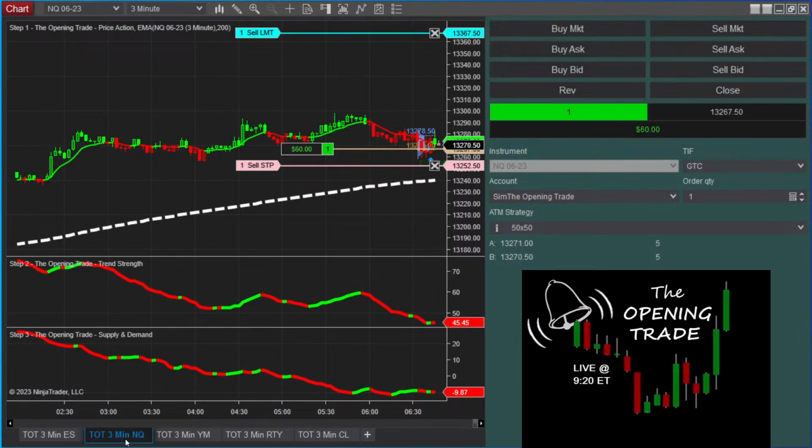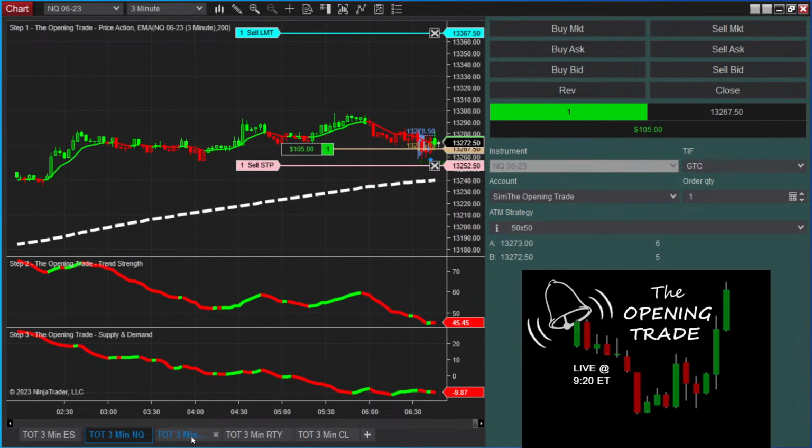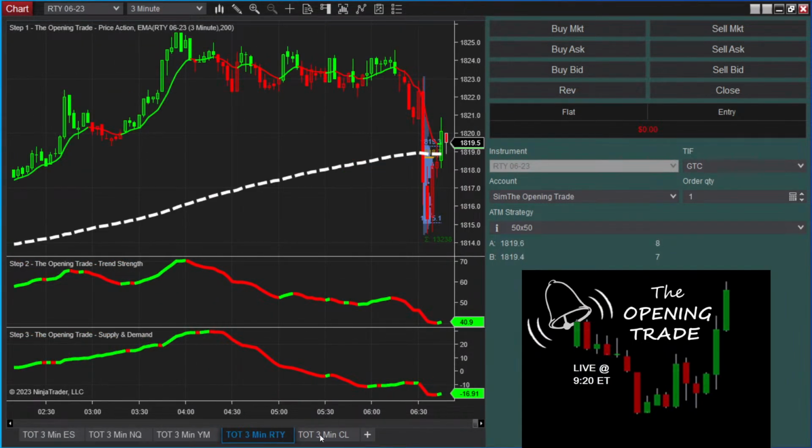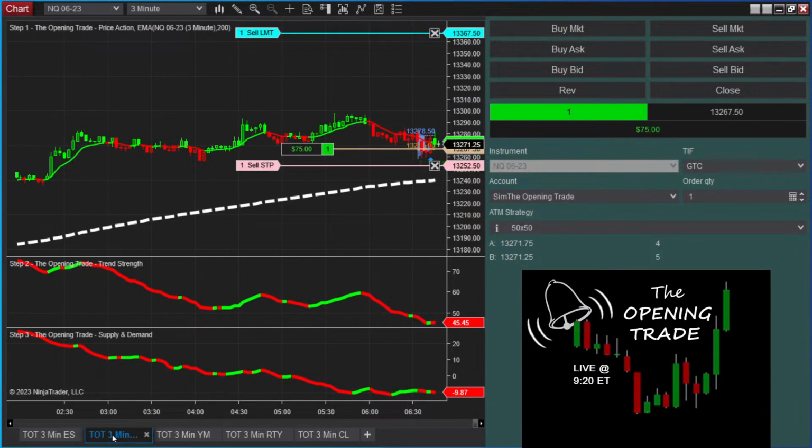All right, so let's take a look at our S&P, NASDAQ, Dow, Russell, crude. Back to our automated trade here. Wells Fargo downgrades Marathon Petroleum to equal weight from overweight, and the price target is $135.